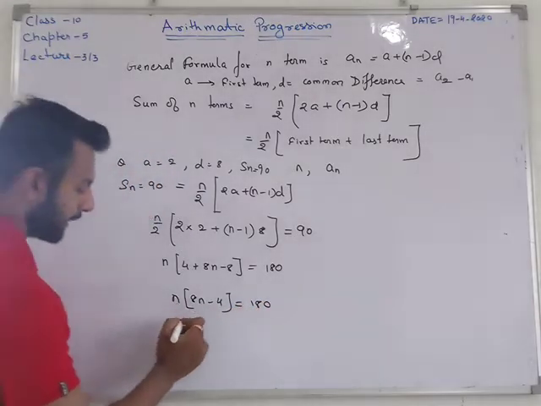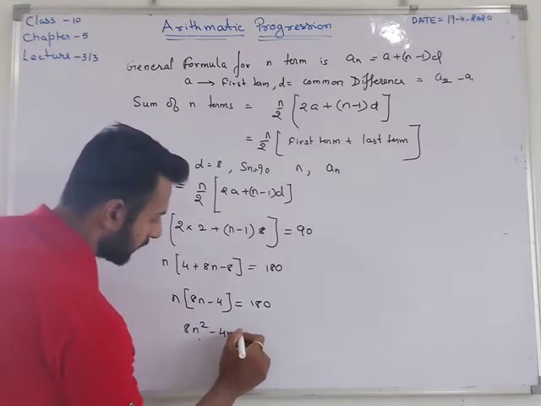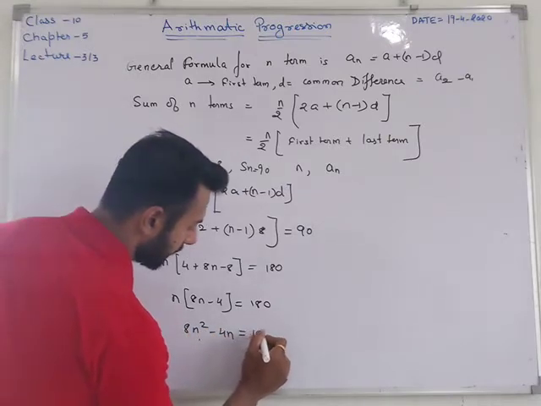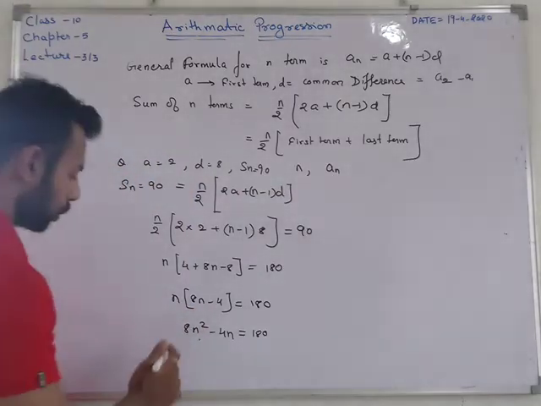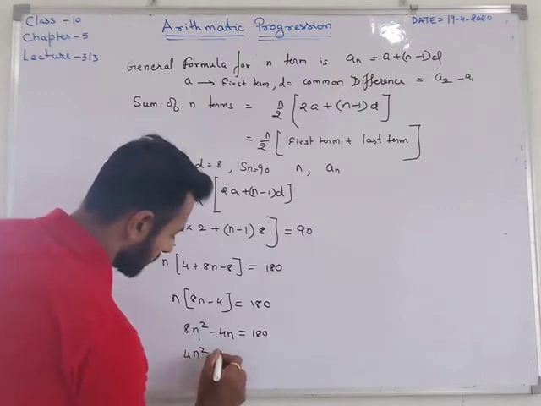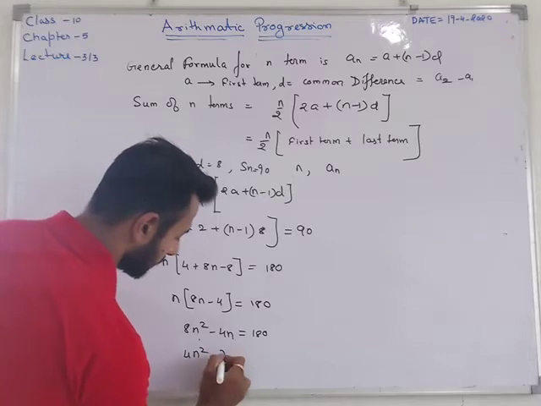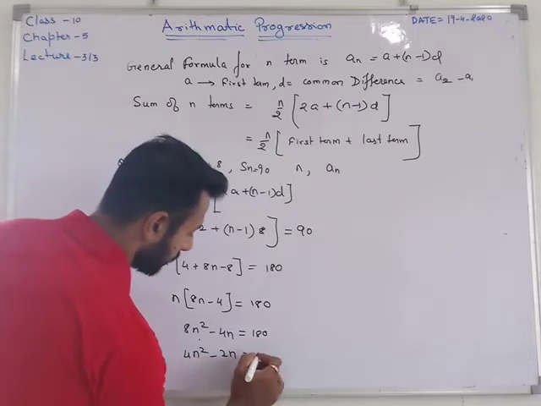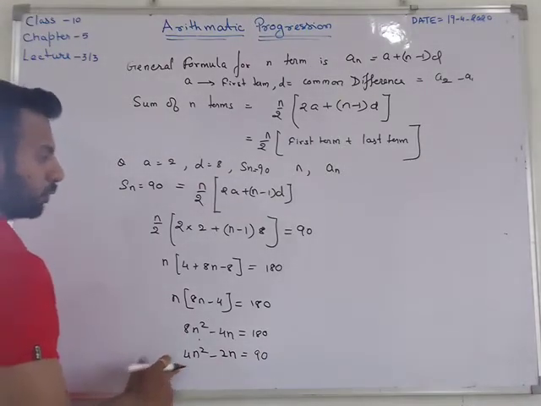Multiplying this n in the bracket, 8n square minus 4n is equal to 180. Dividing the whole equation by 2, we are getting 4n square minus 2n is equal to 90. We can further divide this equation by 2.